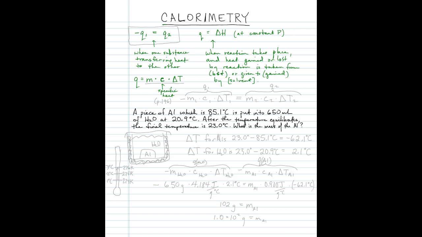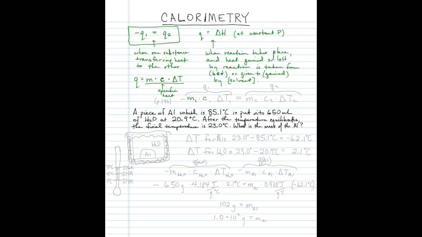So if one thing is gaining heat and the other thing is losing heat, like we have with negative Q1 equals Q2 up here at top, how about if we just substitute in the mC delta T for those? Does that make sense? The mass of the first object, mass 1, times the specific heat of that first object, times the delta T of that first object.